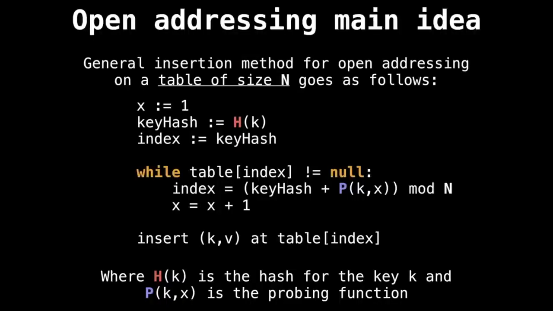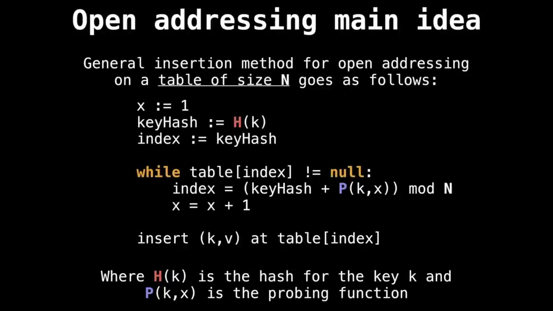In general, if we have a table of size n, here's how we do open addressing, no matter what your probing function is. We start our variable x at 1. The key hash is just going to be whatever a hash function gives us for our key. And our first index we're going to check is going to be the original hash position.